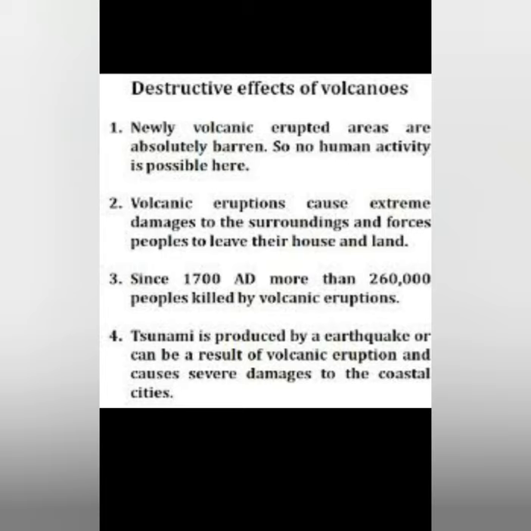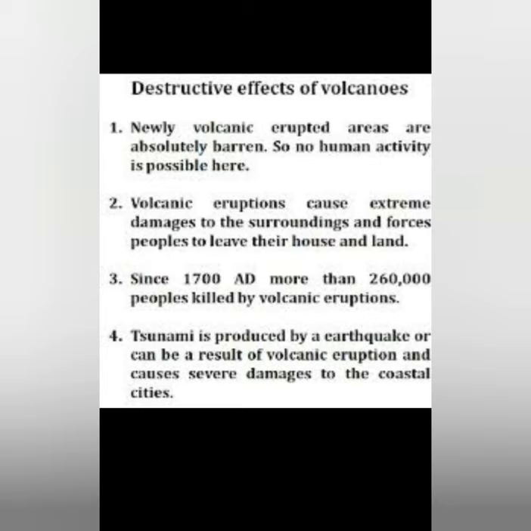Destructive effects of volcanoes. The volcanic eruption areas are absolutely barren, so no human activity is possible here. The volcanic eruption causes extreme damage to the surroundings and forces people to leave their houses and land.